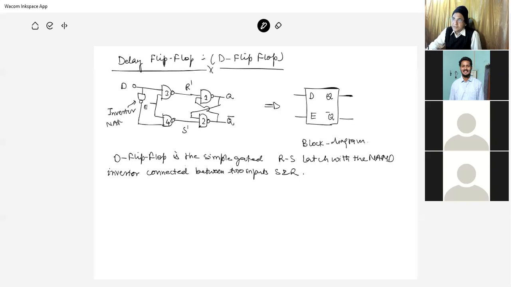This is the inverter NAND. It has only one input.